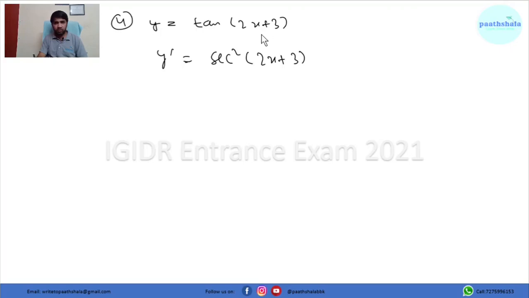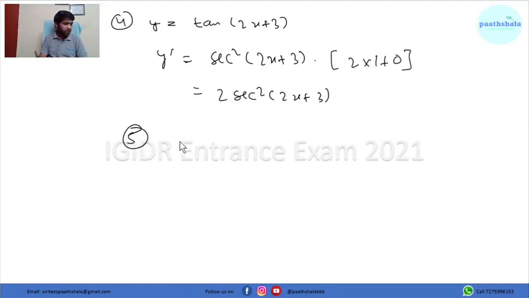So we have to apply the chain rule. We have to differentiate 2x plus 3 again. This will become 2, as differentiation of x is 1 and differentiation of a constant term is 0. So the final answer will be 2 sec squared of 2x plus 3. Okay, let's move to another example.